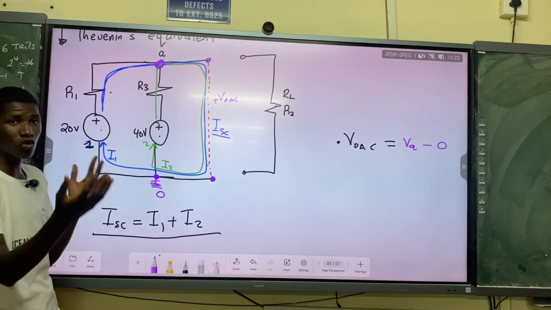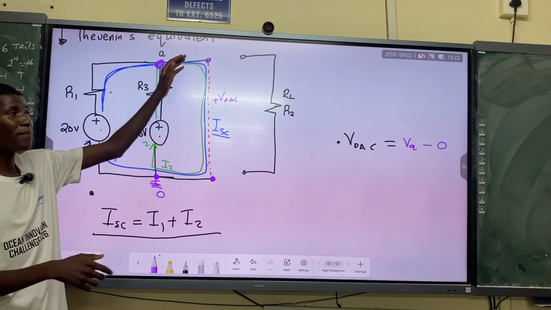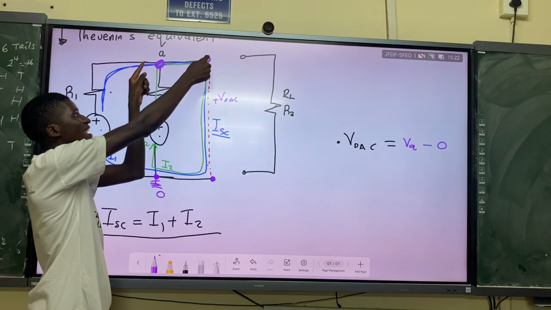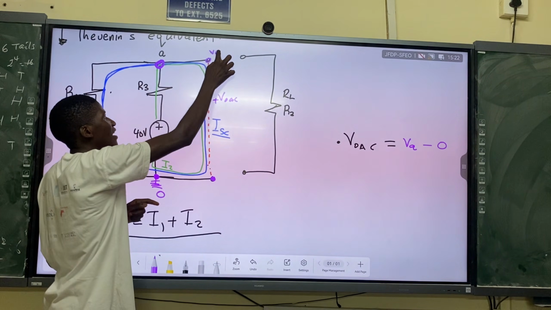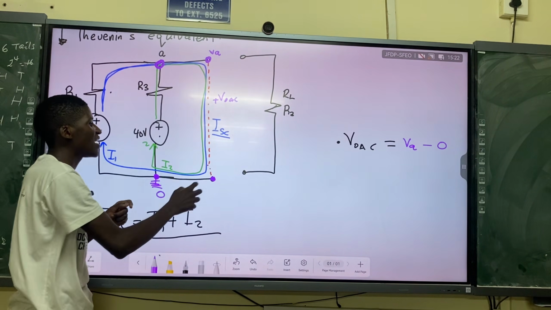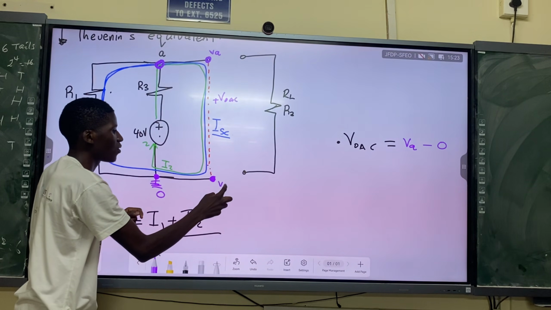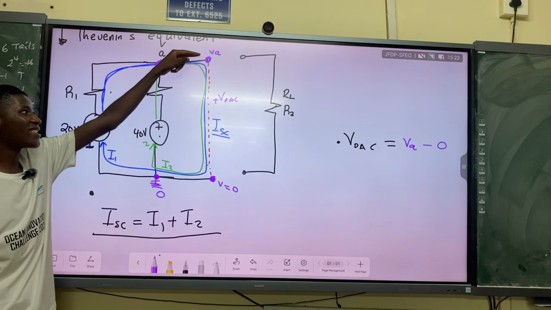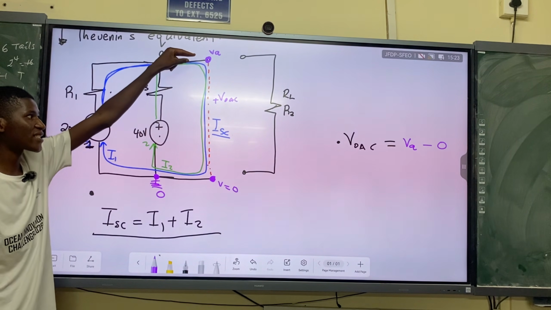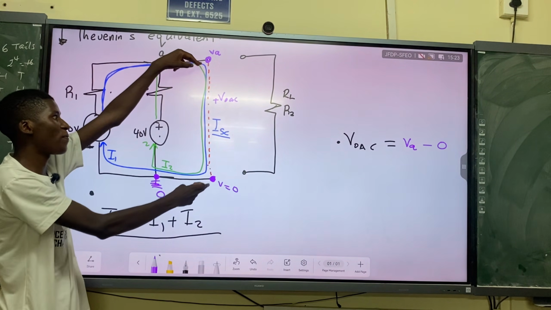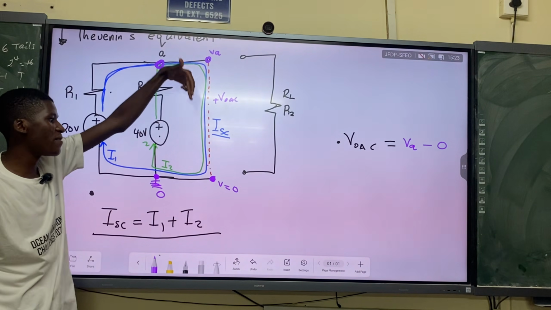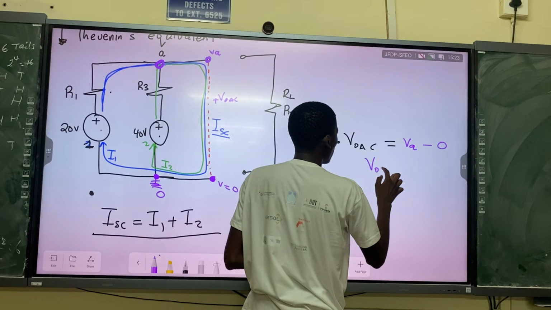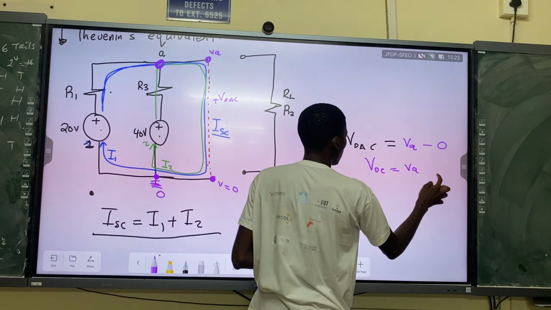There is no voltage drop because we don't have any resistor between these two points. So we assume the potential A is the same potential that we are having here. Here we are measuring VA, and here we are measuring 0. So the potential difference at this point, which is the voltage on the open circuit, is going to be VA minus 0. So the VOC must be equal to VA.